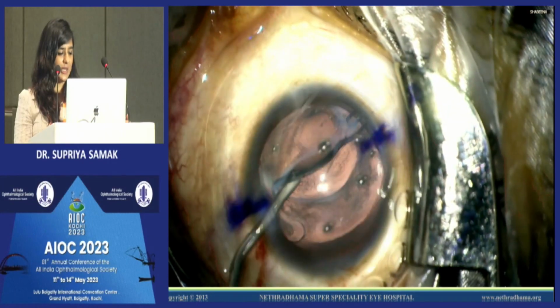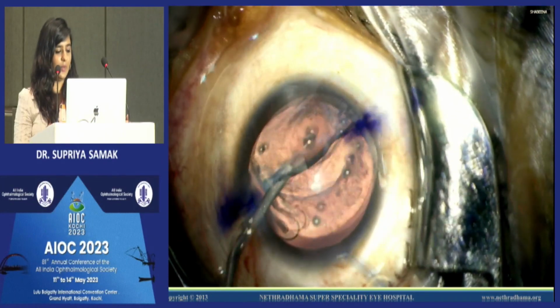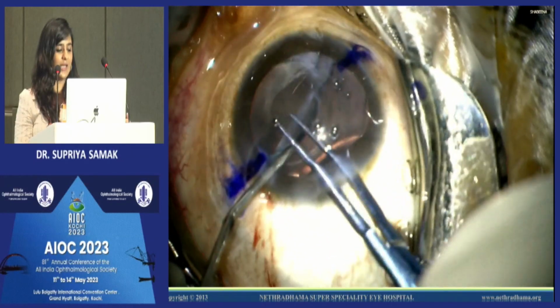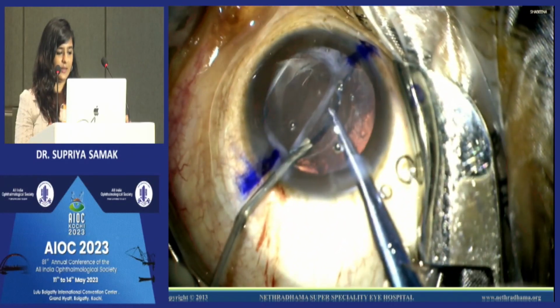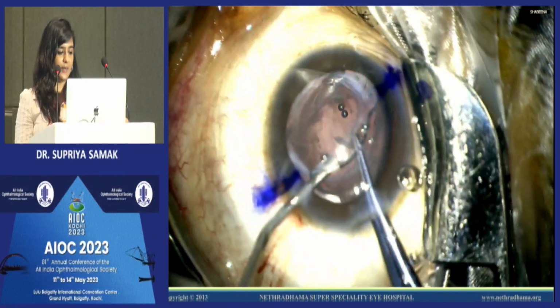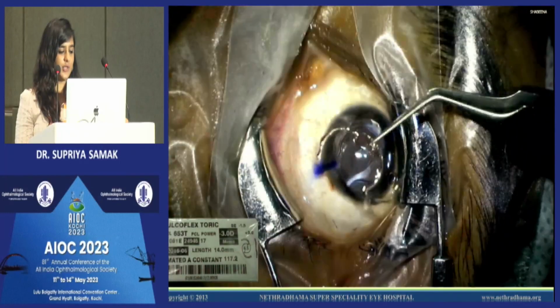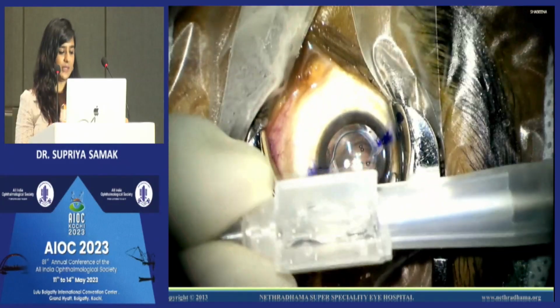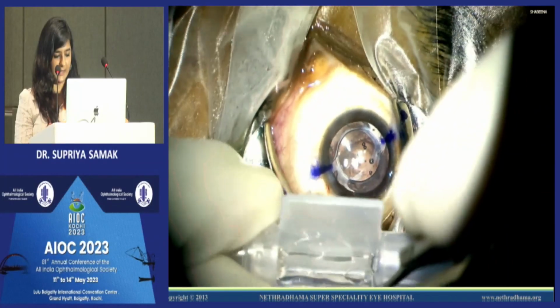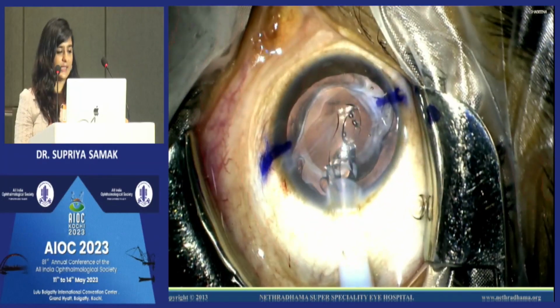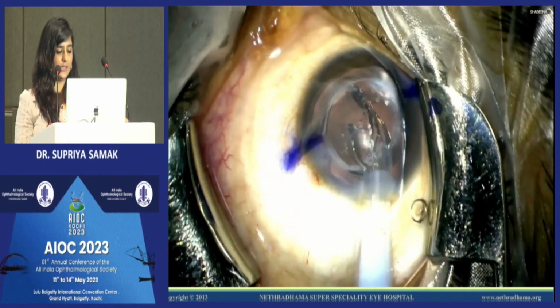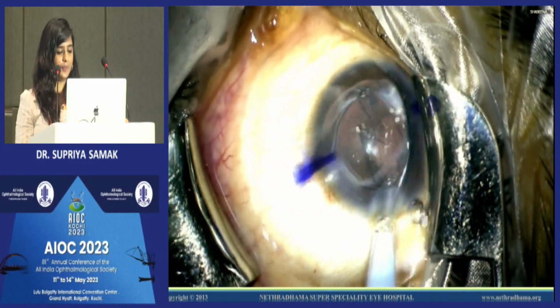There's a neat trick after the separation of the IOL where the posterior capsulorhexis is done for the dense PCO there. Carefully, the posterior capsulotomy is completed, and this is a Sulcoflex lens. The Sulcoflex lens is implanted into the sulcus as a piggyback IOL.